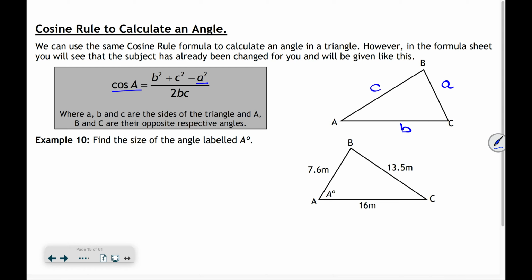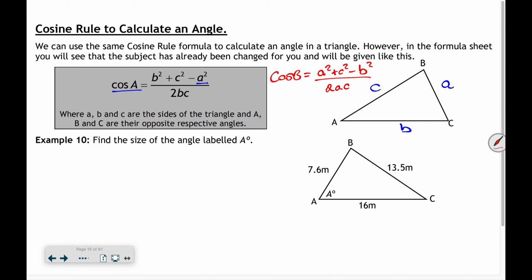So cos A is always going to be at the other end to where we have the minus a squared in the equation. If I was to write this in terms of cos B, for example, I would say it would be a squared plus c squared minus b squared all over 2ac. The letters in the middle stay the same, but the angle and the side opposite it, you have to pay attention to the location of those.